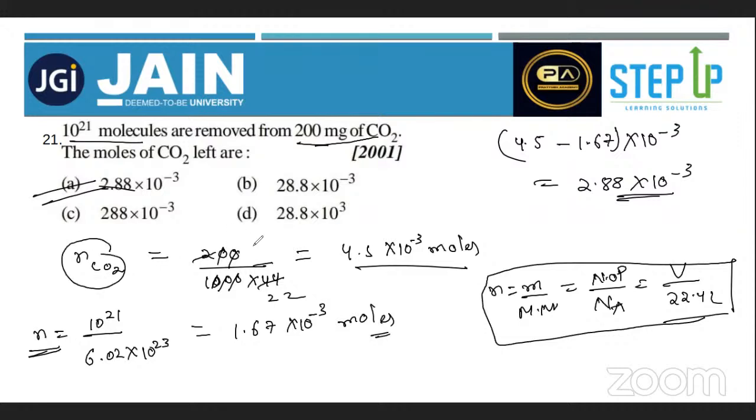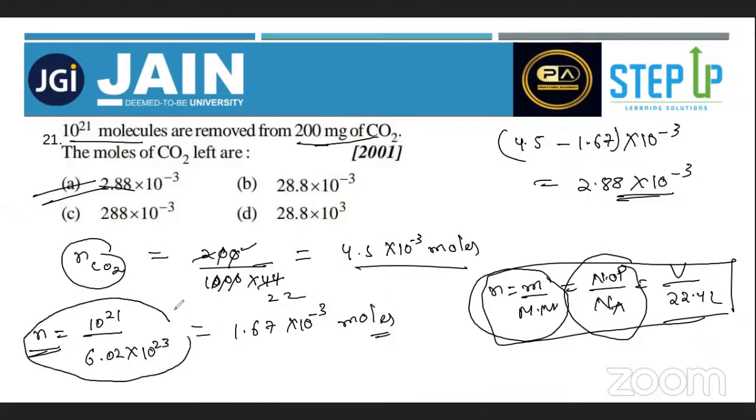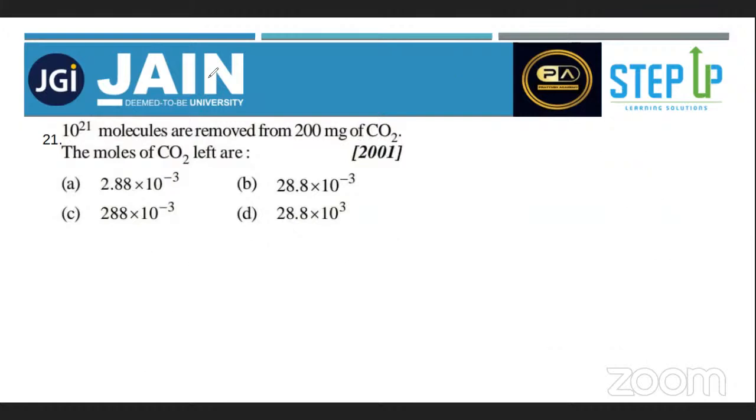One is mass by molecular mass, because mass is supposed to be in gram and molecular mass as well has to be in gram. And the second formula I use is number of particles. Any of these three formulas can be used, either a combination of three, a combination of two, or only one. Right? I hope it is clear. Let's move to the next question.